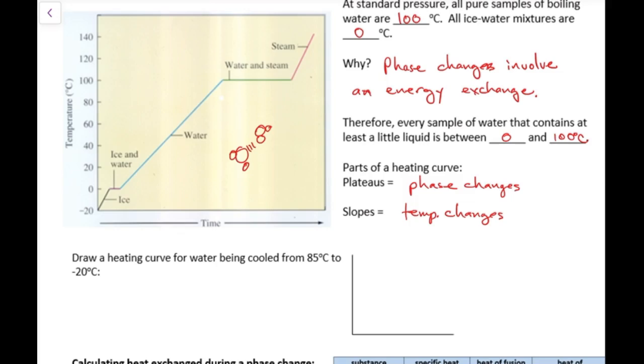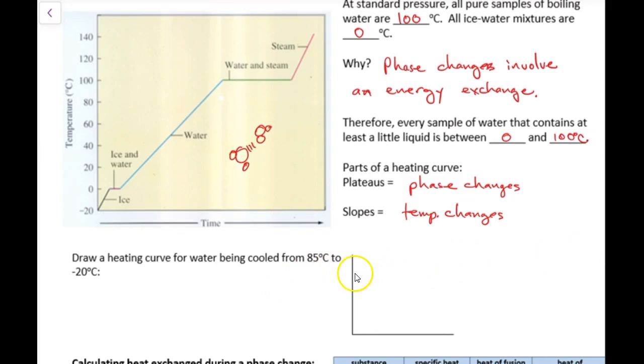So the first question we have to ask is, what physical state is water in at 85 degrees Celsius? All right, well, we can look up the boiling point and melting point of water, or we can just look up here at this graph. We can see that water is a liquid all the way up to 100 and all the way down to 0. So at 85, it would be a liquid, okay?